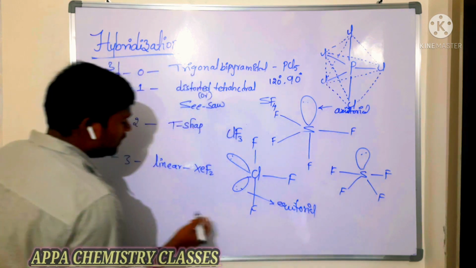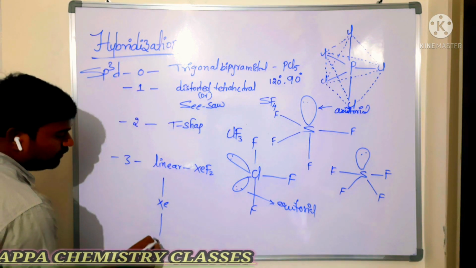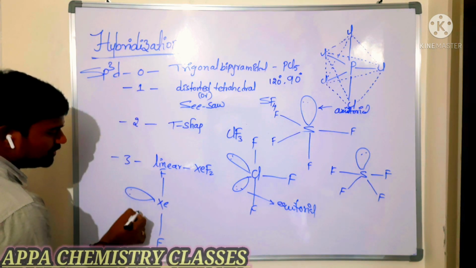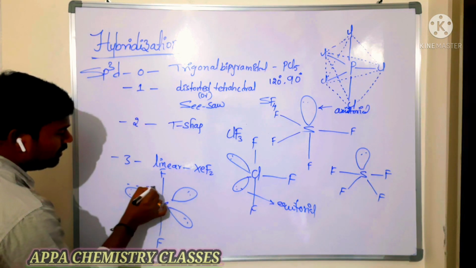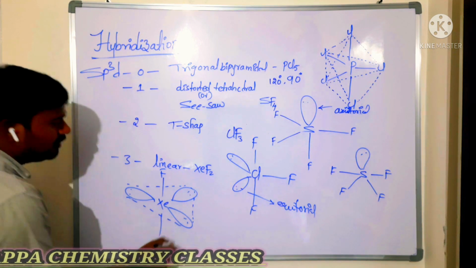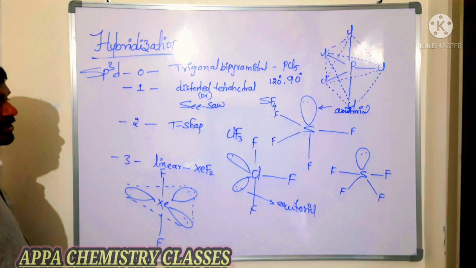That position of the lone pairs is important. In XeF2, the 2 fluorine atoms are present in axial positions and the lone pairs are present in equatorial positions. This is a linear shape. Is that clear, everyone? sp3d.